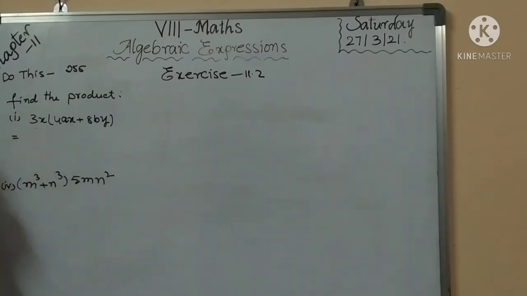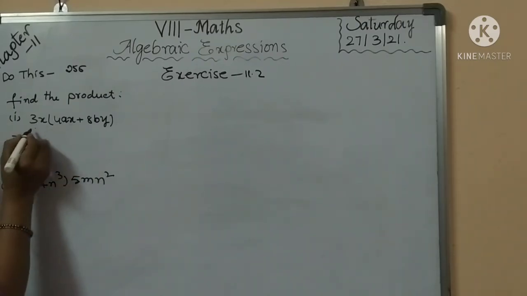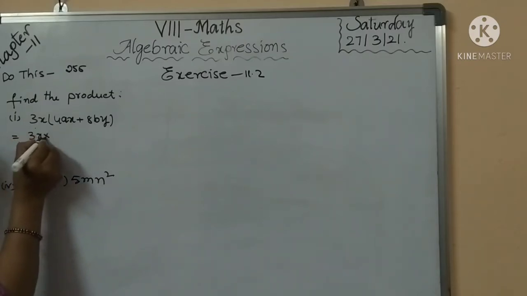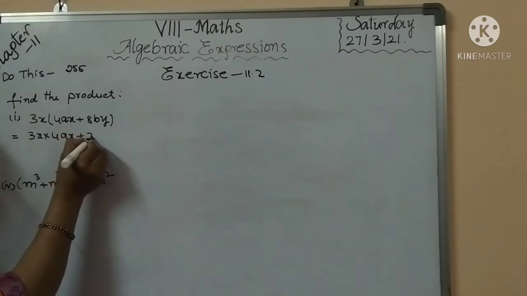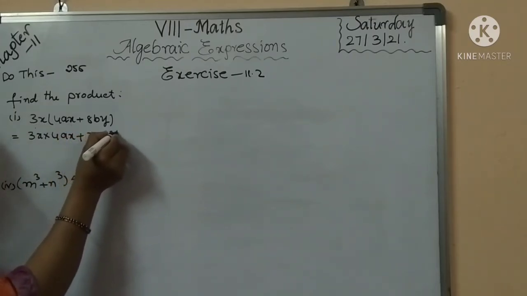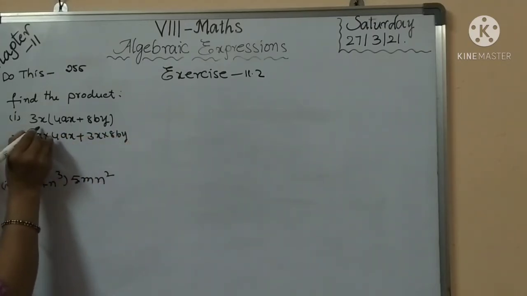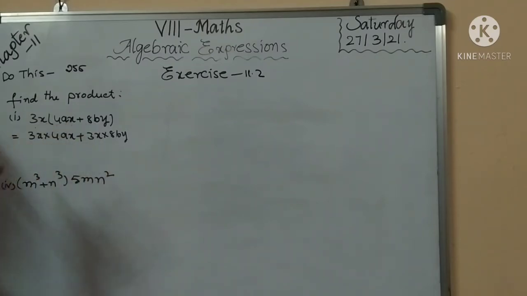What will we get? Here 3x into 4ax plus 3x into 8by. The monomial multiplies every term inside. Every term is multiplied. Okay, understand, children?